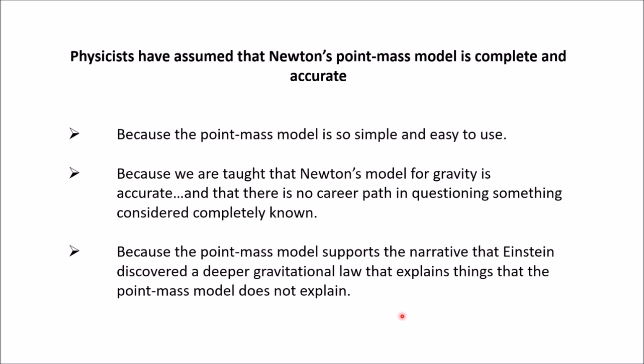But we also have another factor here that maybe needs to be considered, and that is the point mass model supports the narrative that Einstein discovered a deeper gravitational law that explains things the point model does not. If that's the case, then why would we go back and look at Newton's point mass model? Because Einstein's model seems to answer some of these observational questions that we're asking. So what we've shown is that there is another gravitational model identified, at least verbally, by Newton.